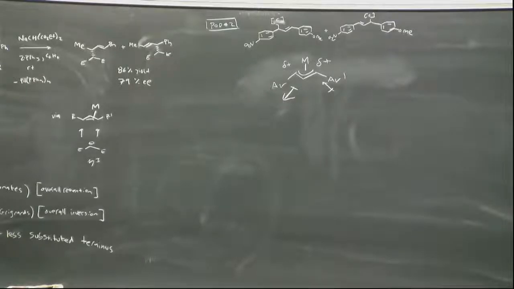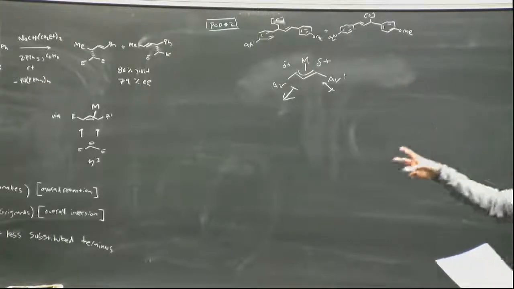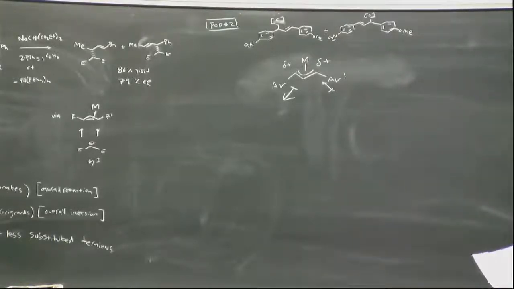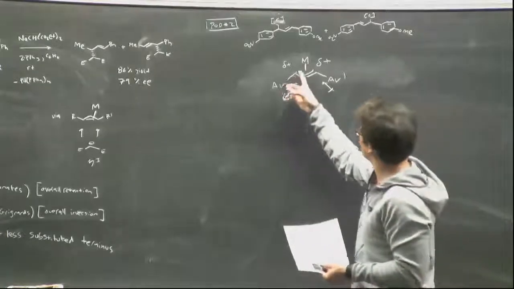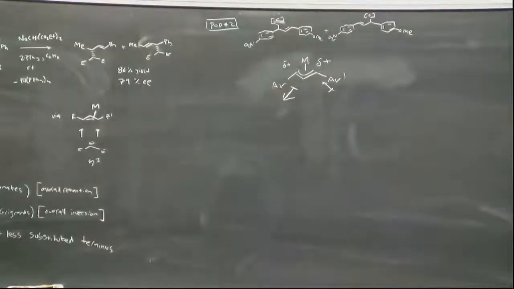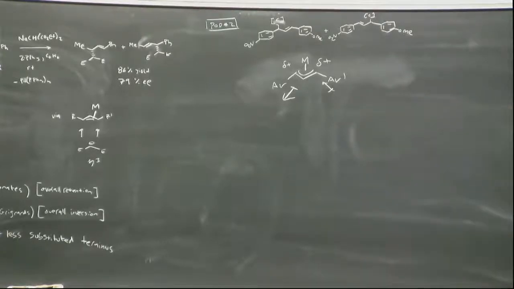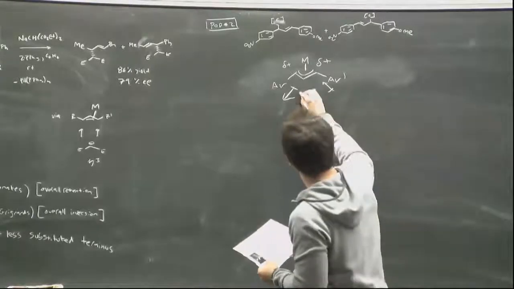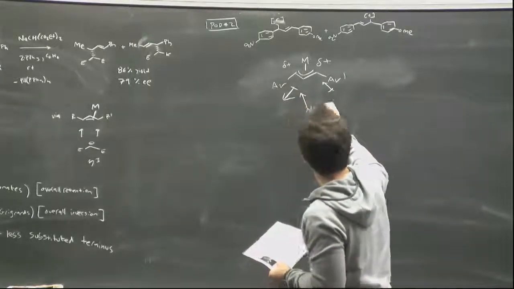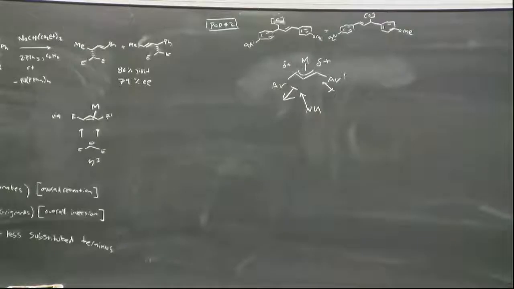And if you want quantification for that, you can look at the handout that shows the C13 NMR shifts of this series of complexes. And then one will see that this carbon atom is shifted downfield compared to this carbon atom. And so based on that argument, nucleophilic attack happens preferentially proximal to the electron withdrawing aryl group.